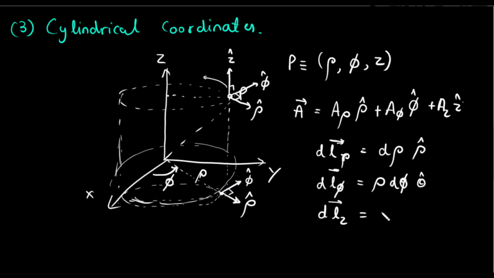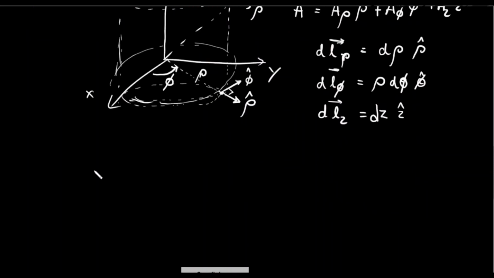So that means we have to have dz z hat. If it is infinitesimal, that means we have to have that dz. So these are my infinitesimal displacement vectors along rho hat, chi hat and z hat directions. So I'm going to write the infinitesimal displacement vector, that is just like a total infinitesimal displacement.